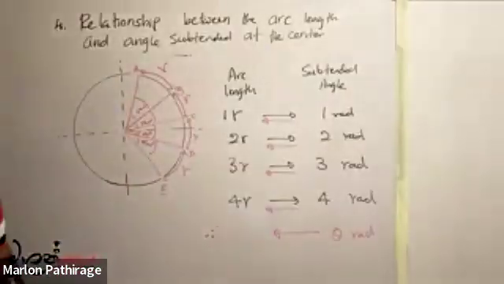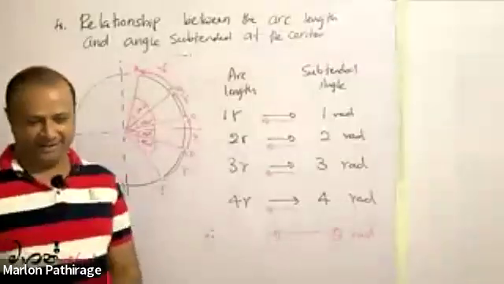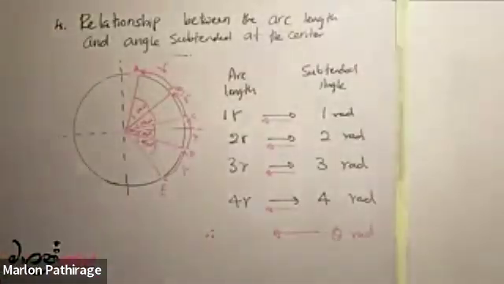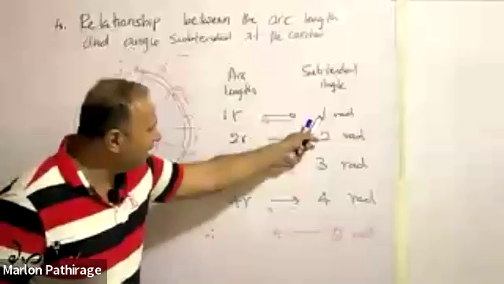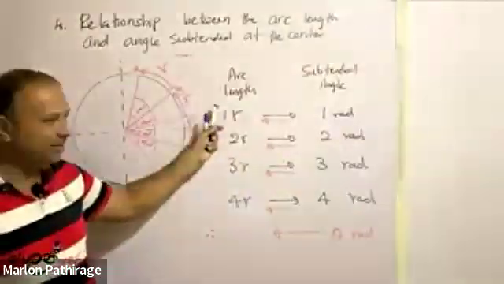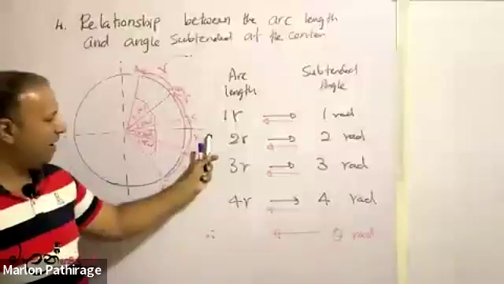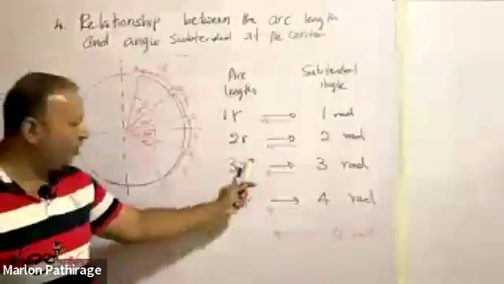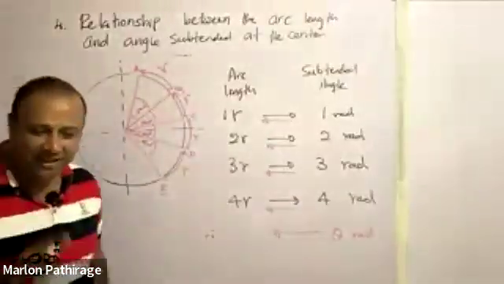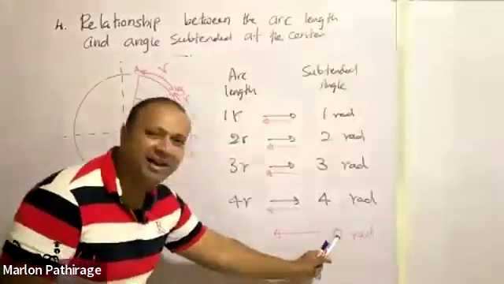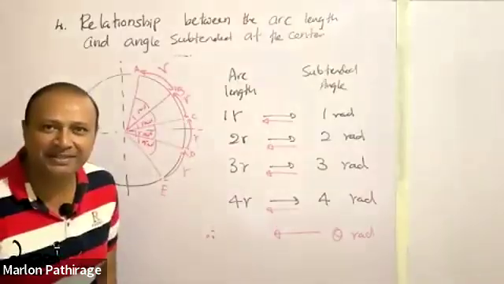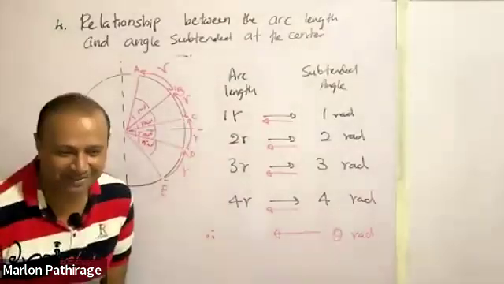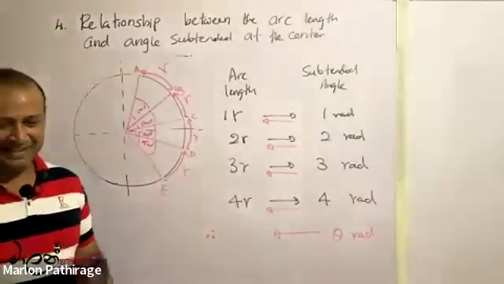If the angle is 1 radian, the arc length is 1r; 2 radians, 2r; 3 radians, 3r; 4 radians, 4r. If the angle is theta, the arc length is... I need answers from everyone.